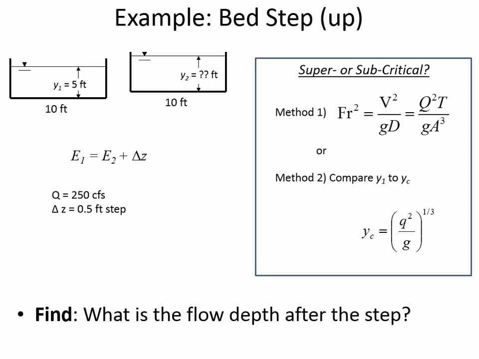That would eliminate any doubt. Or we could just remember that the bigger of the 2 depths is going to be the subcritical one. So this is the subcritical root, this is the supercritical root, and our rule is if it was sub before, it will stay sub after. And so our new depth at location 2 is going to be 4.383 feet.